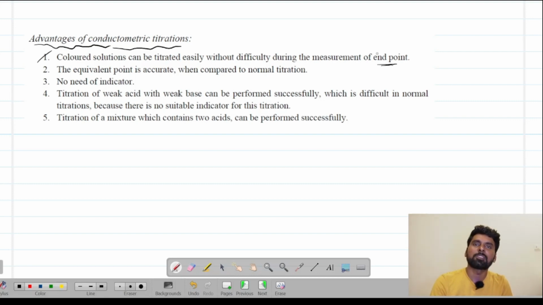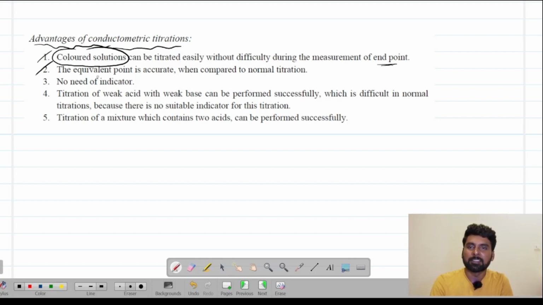If the solution you are taking is itself pink, then you cannot say whether the pink color after adding phenolphthalein is due to the indicator or the solution. So colored solutions cannot be titrated with indicators, but conductometric titrations can easily be performed.